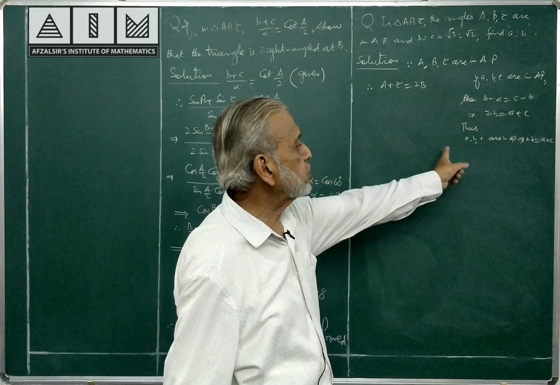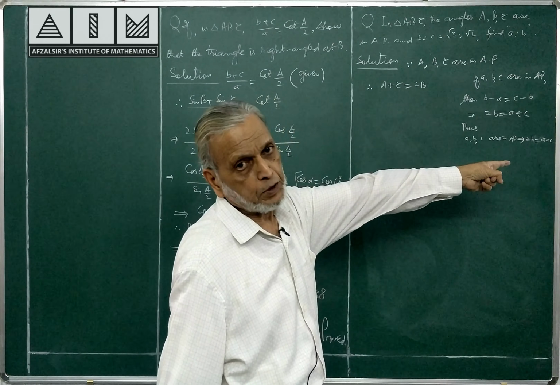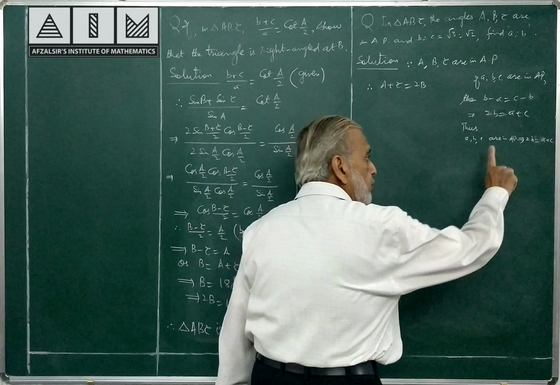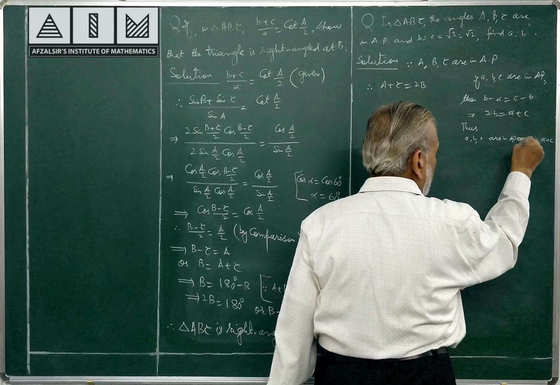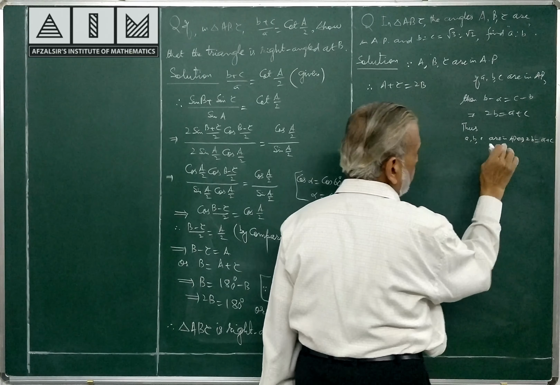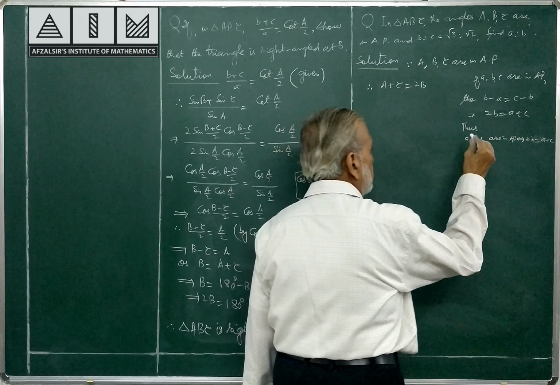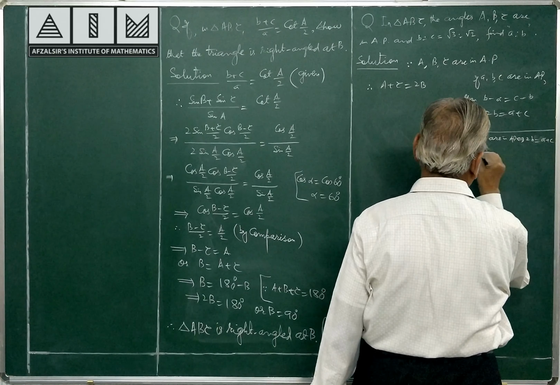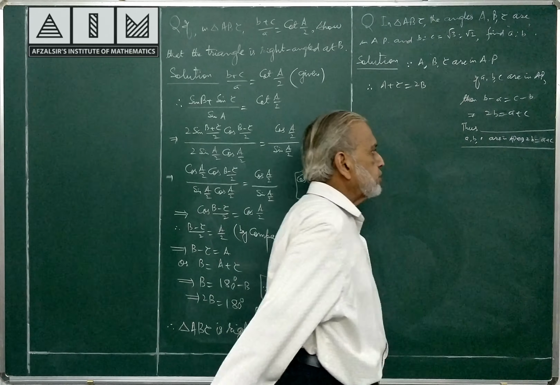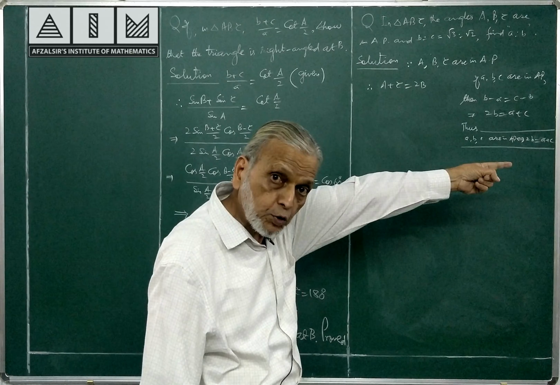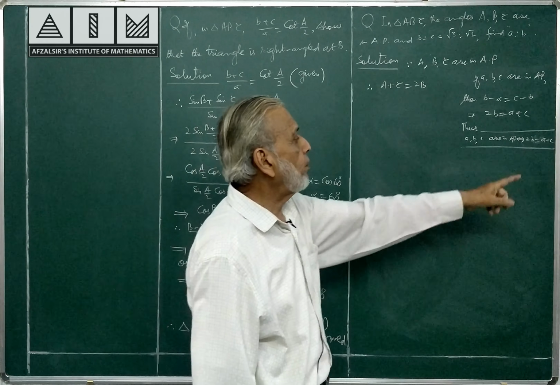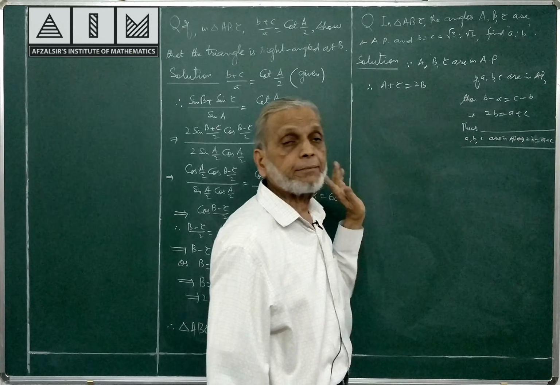Whenever we say A, B, C are in AP, it means 2B is equal to A plus C. Conversely, if 2B is equal to A plus C, I will say A, B, C are in AP. Remember this one, it will be used in solving several questions.